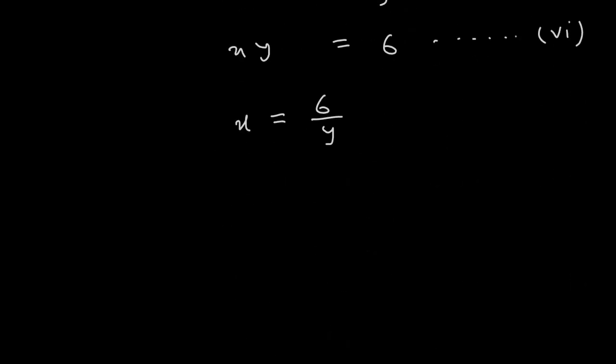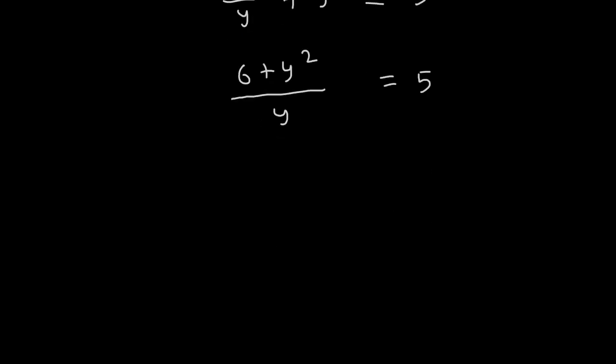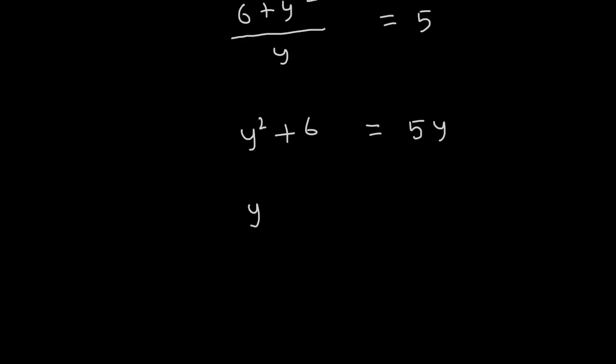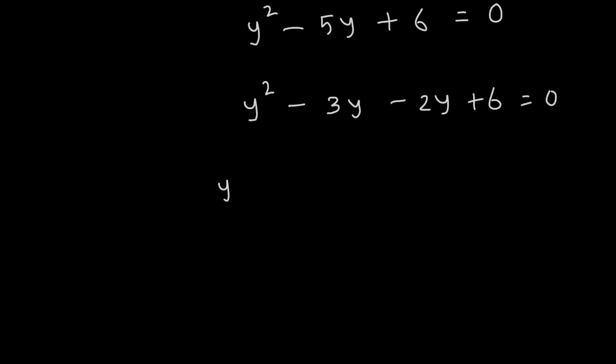So we have 6 by y plus y equals 5, or we can write 6 plus y square equals 5y, or y square minus 5y plus 6 equals 0, or we can write y square minus 3y minus 2y plus 6 equals 0, or we can take y as common, y times y minus 3 minus 2 as common, y minus 3 equals 0.